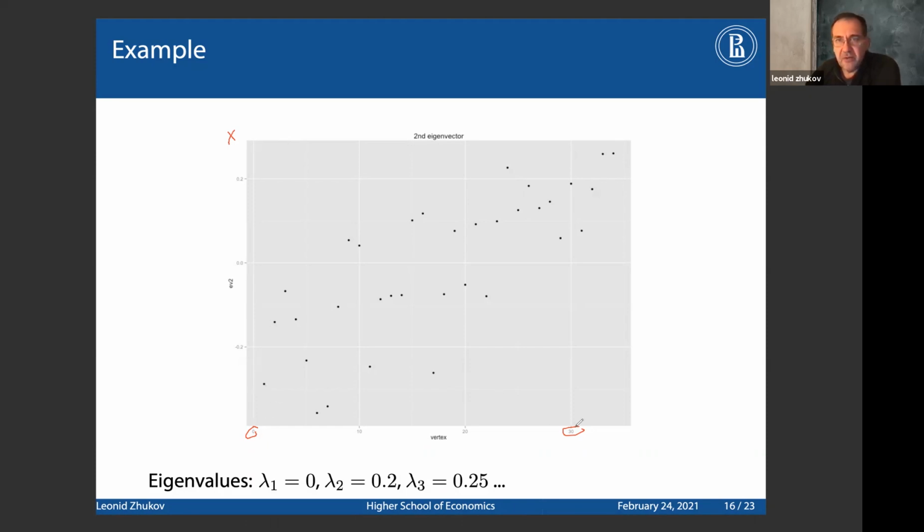Node number 30 has this value in this eigenvector. Node number 34 has this value in the eigenvector. Node number 10 has this value. Node number 1 has this value. So it is minus 0.2, and here it's 0.2, and so on. Does this picture make sense?